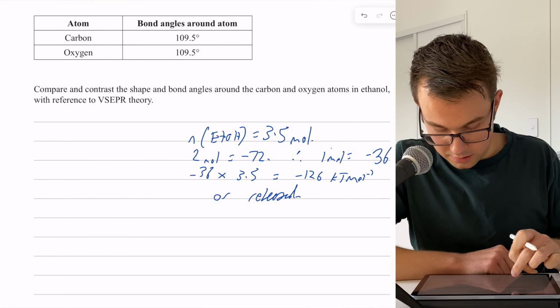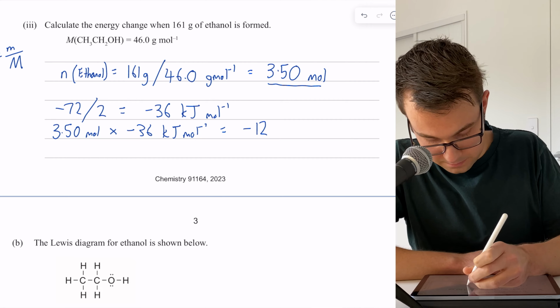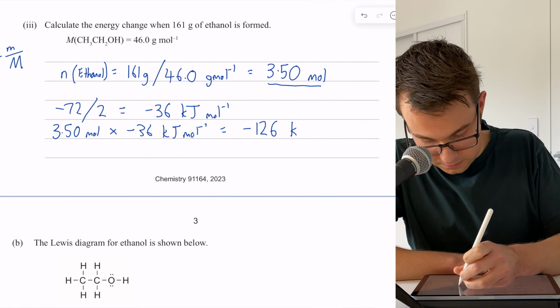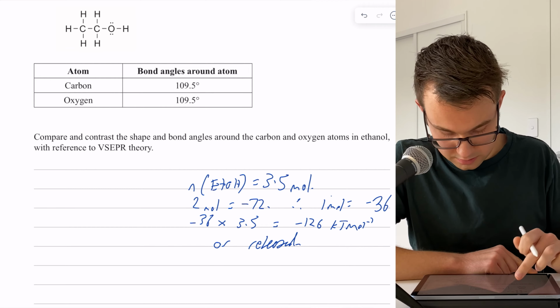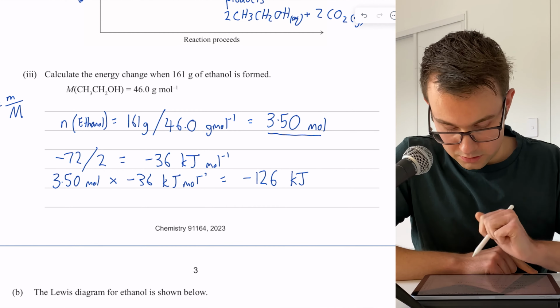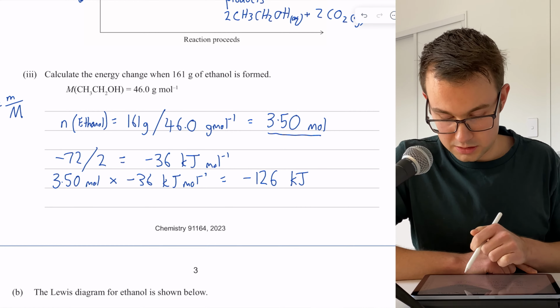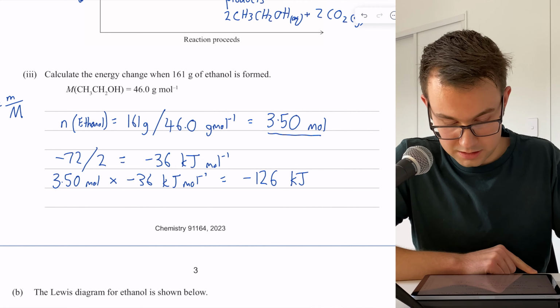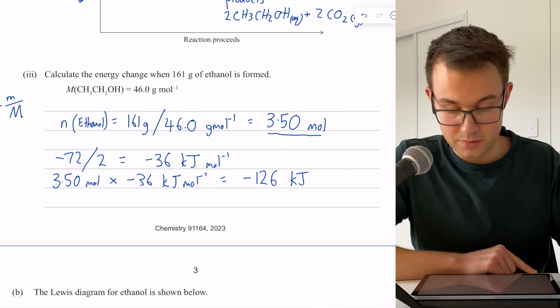Calculated earlier. Okay, negative 126. Make sure that it's beautiful. Okay, so we've worked out that 126 kilojoules of energy is released when 3.5 moles of ethanol are formed.